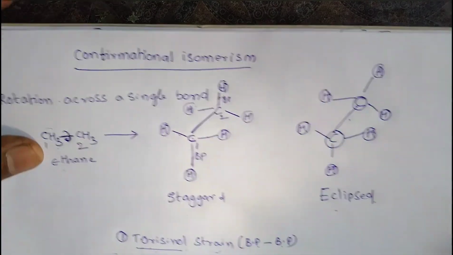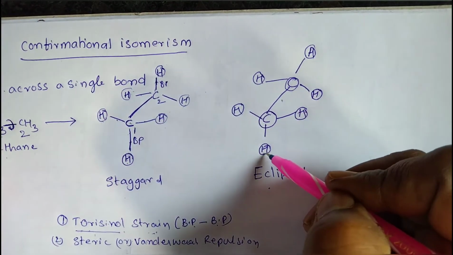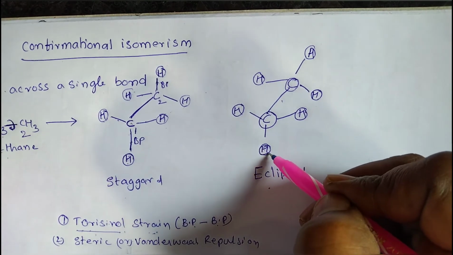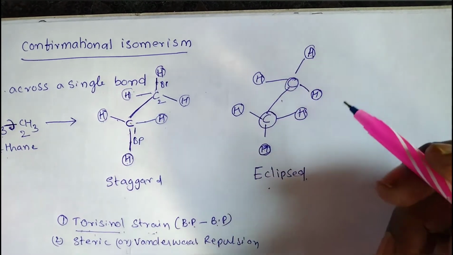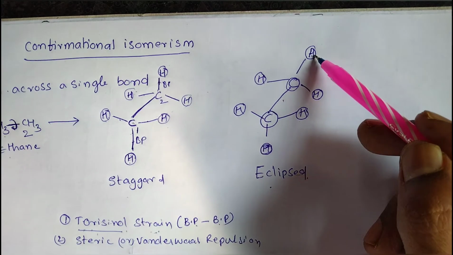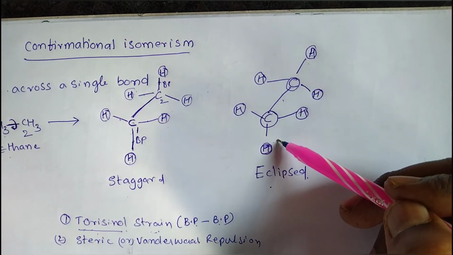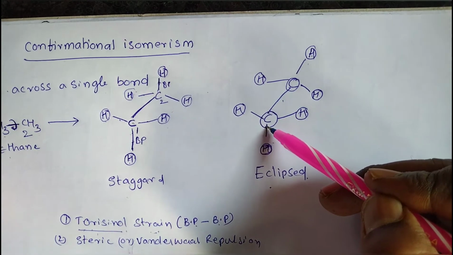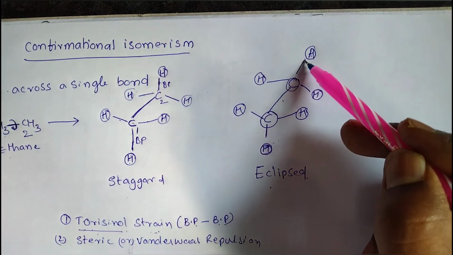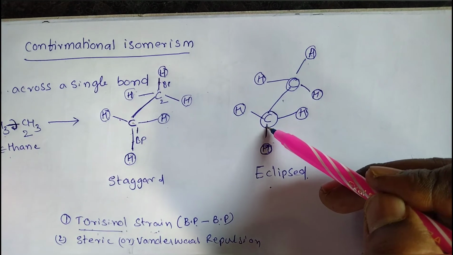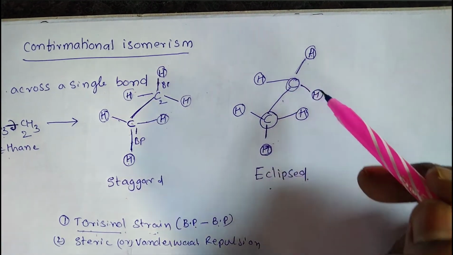Now let us see in this example, this hydrogen is exactly at the back of this hydrogen atom. Because they are present exactly behind each other, what will happen? The bond pair electron repulsions are more.